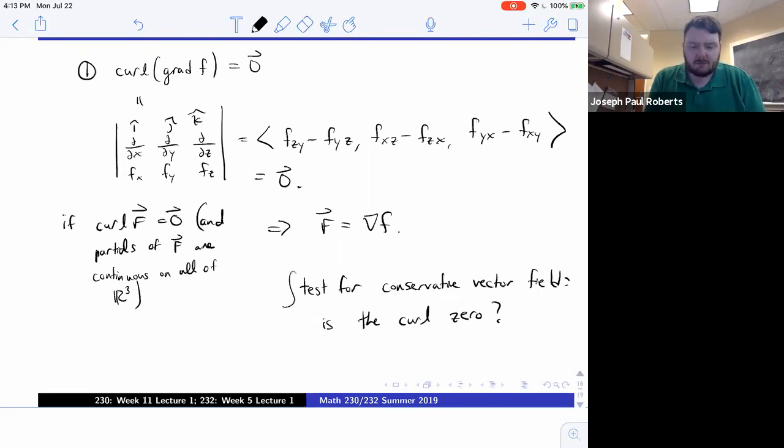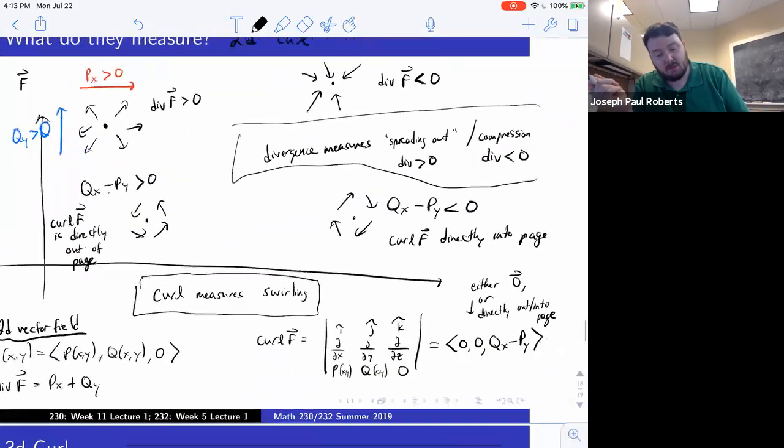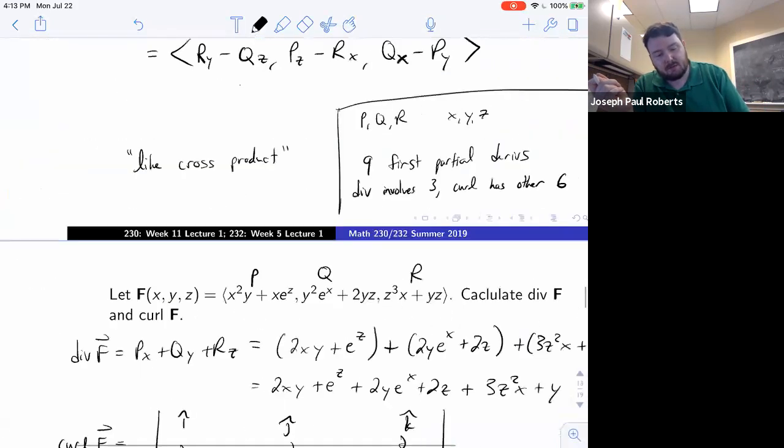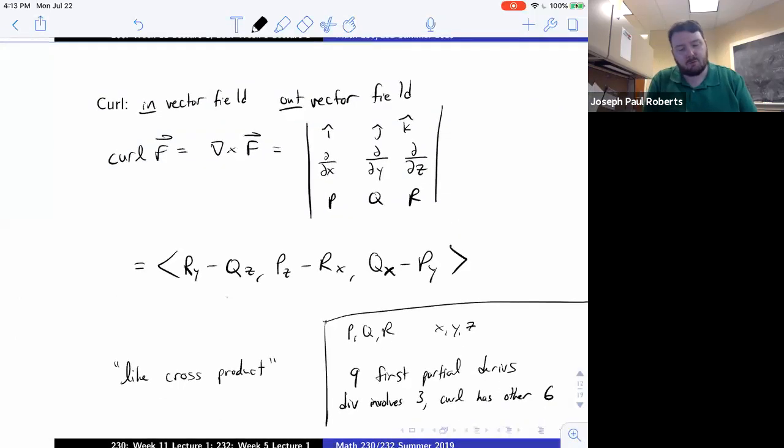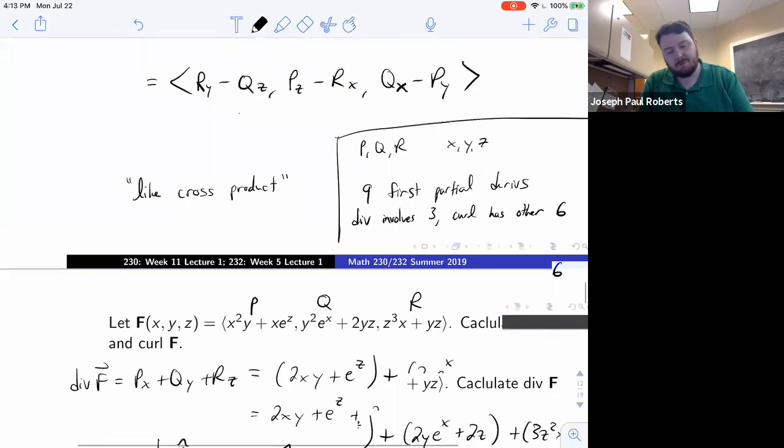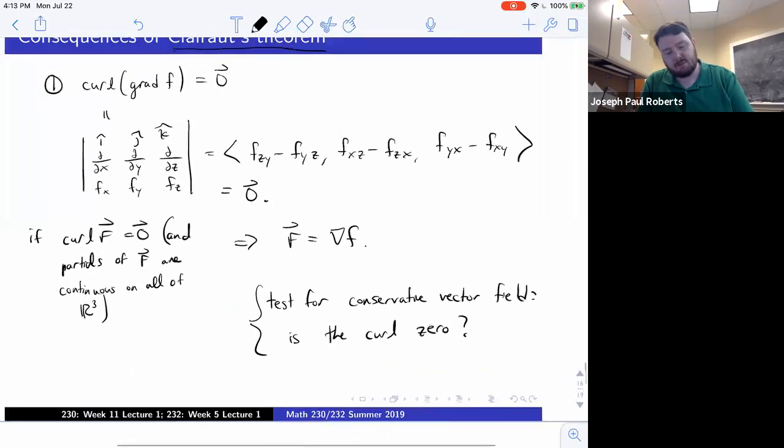And so that sort of fills in the gap. Last week we talked about Qx equals Py as our test for conservative. That is the 2D zero curl situation. But now we've expanded our concept of curl to involve all these other things. And so that's how you would test if a 3D vector field is conservative, whether the curl is 0.